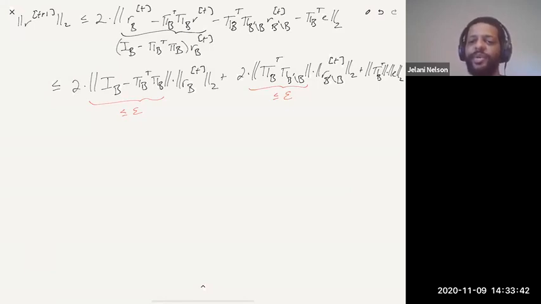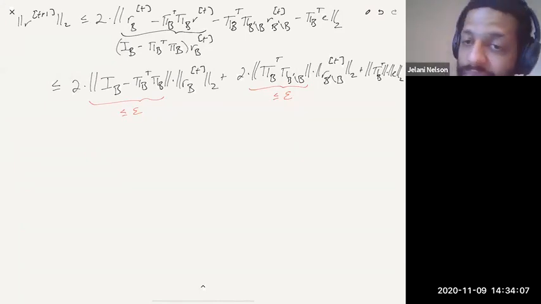And also, again, pi B transpose pi B is close to the identity in operator norm. It's within epsilon of the identity in operator norm. What does that mean? It means that all the singular values of pi B transpose pi B are between 1 minus epsilon and 1 plus epsilon.